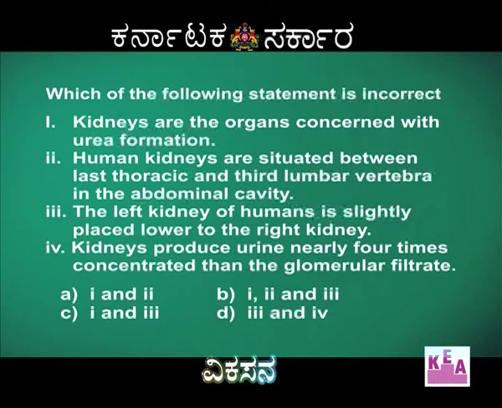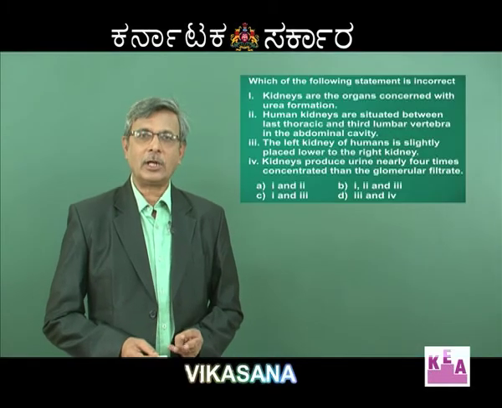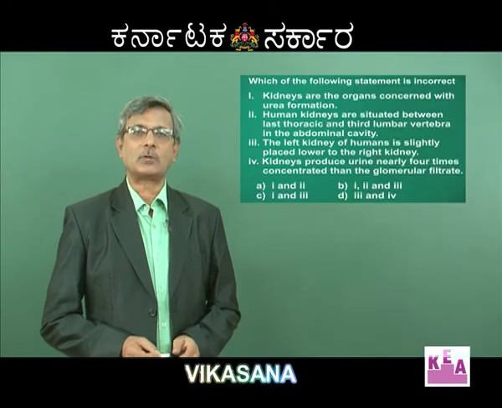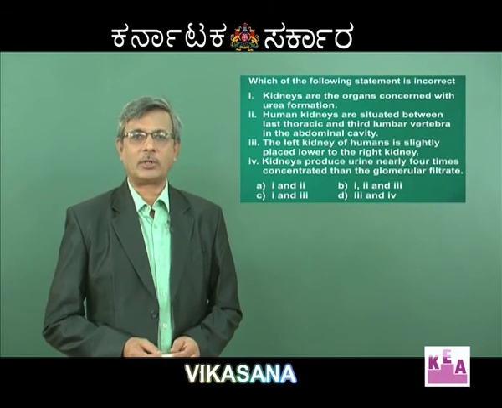Now let us move to statement 4. Kidneys produce urine nearly 4 times more concentrated than the glomerular filtrate. That is correct. Remember, glomerular filtration is also called ultrafiltration. Remember, there are 3 major steps associated with urine formation.